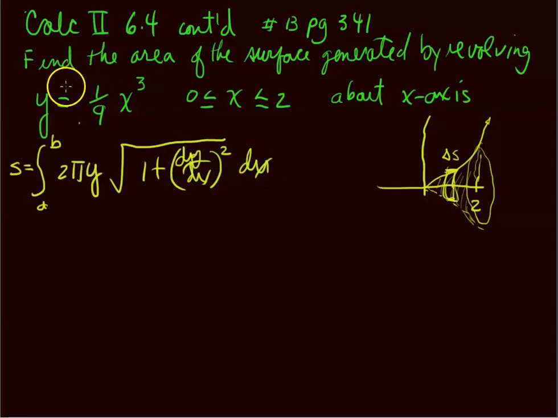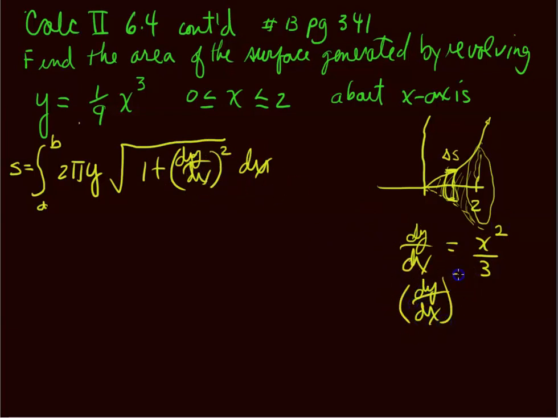So, we've got the y. We need dy dx. Let's put that over here. The derivative of this is 3 times 1/9 times x squared, so it's really 1/3 x squared, or x squared over 3. What is that squared? We need dy dx squared, which is x to the 4th over 9.